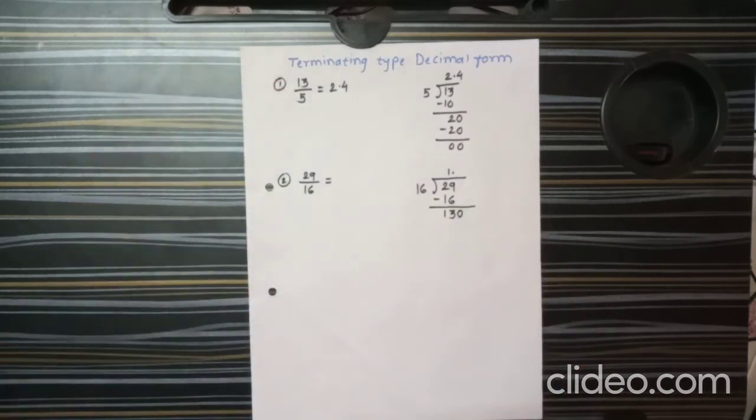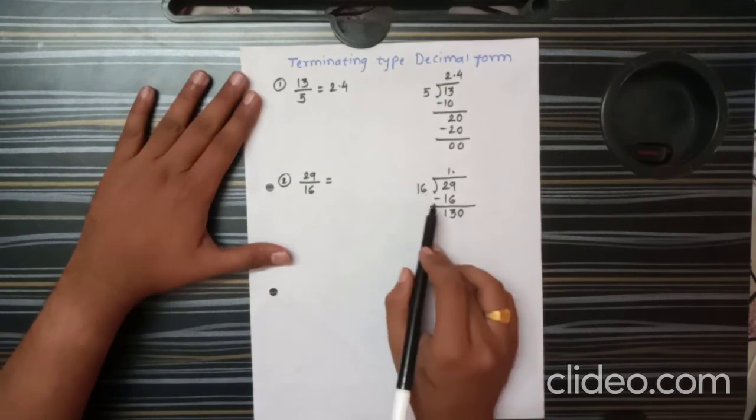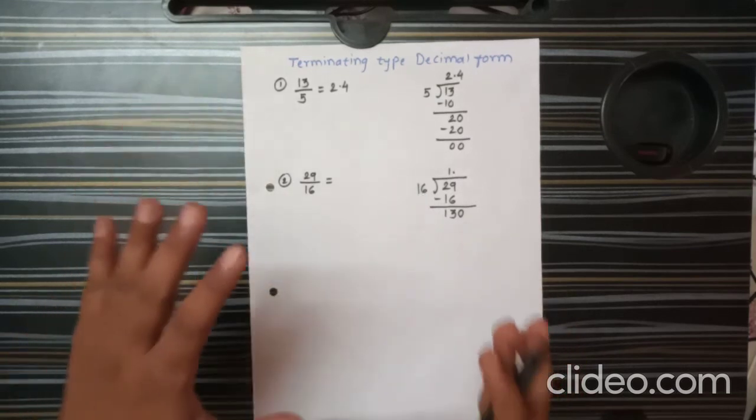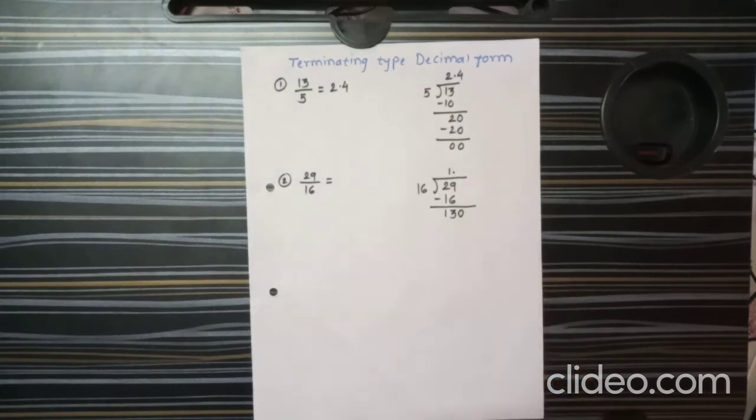Now we need to perform further division also. In this case, in the table of 16, we have to obtain a number which is equal to 130 or less than 130. For that, the table should be memorized very properly.